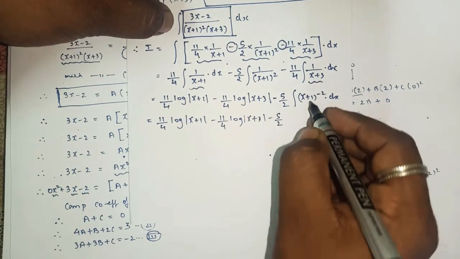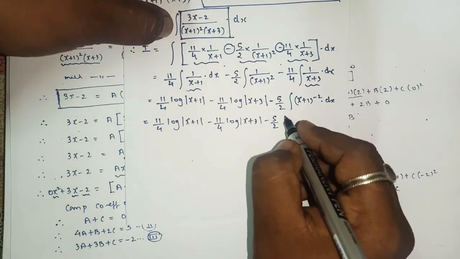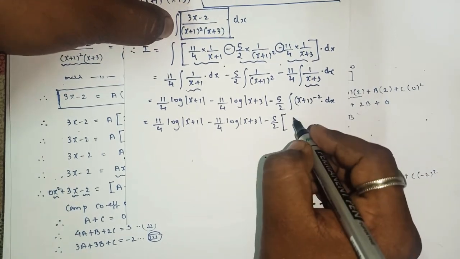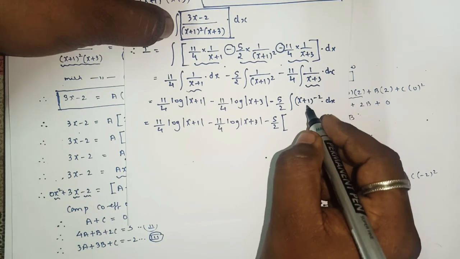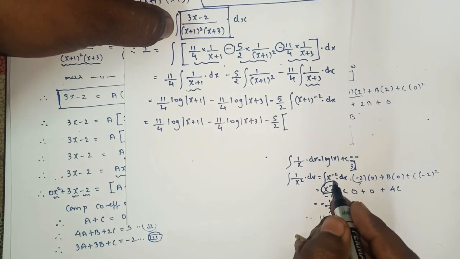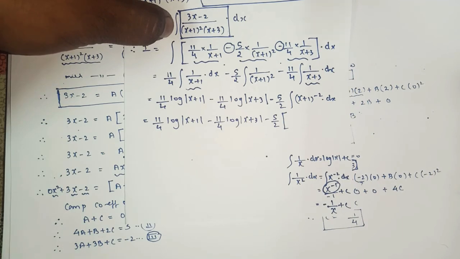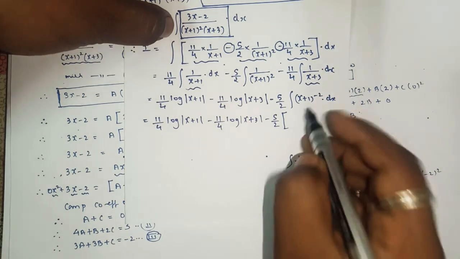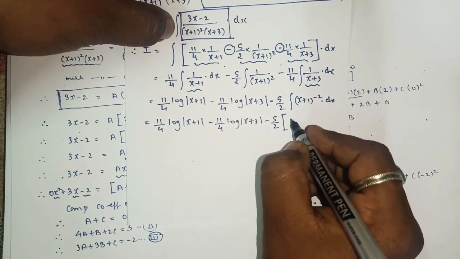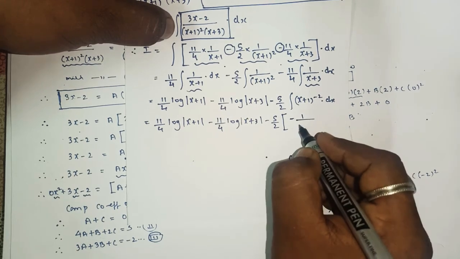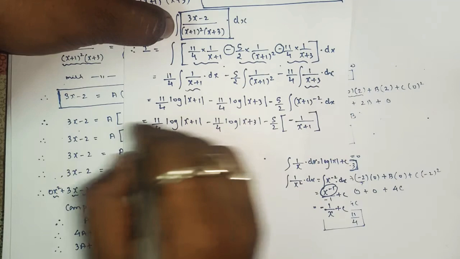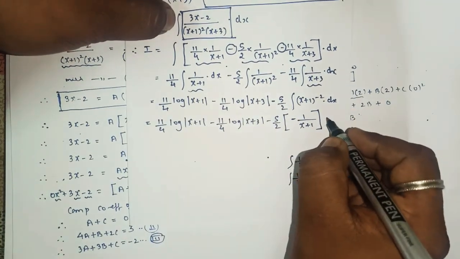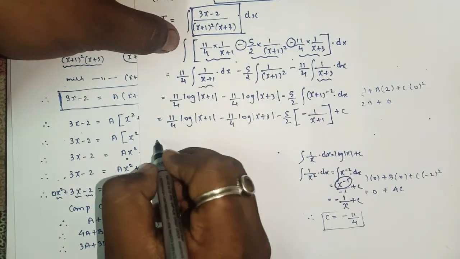Minus 5 by 2, so here you will get x plus 1 the whole square, that means it is in the form of the x raised to n formula. So the x raised to n formula is x raised to n plus 1 upon n plus 1. So here you will get minus 1 upon x plus 1, as we had removed the integral for all the functions, so here we can write plus c.